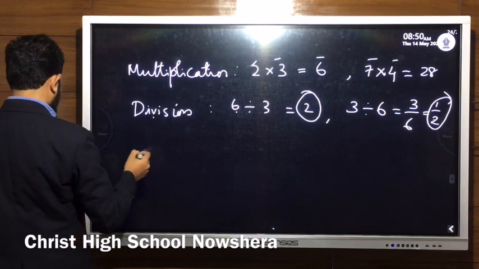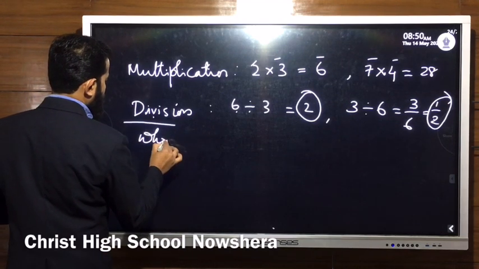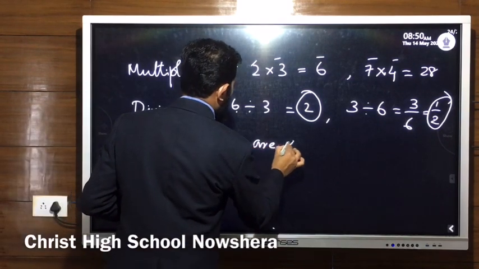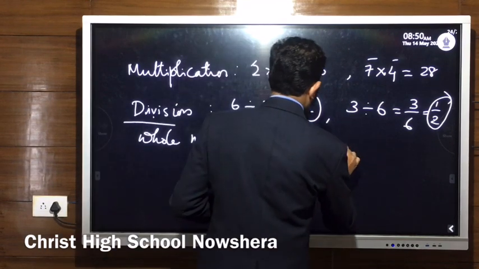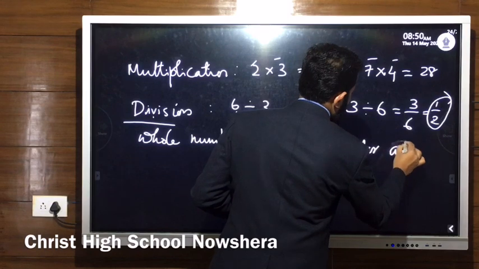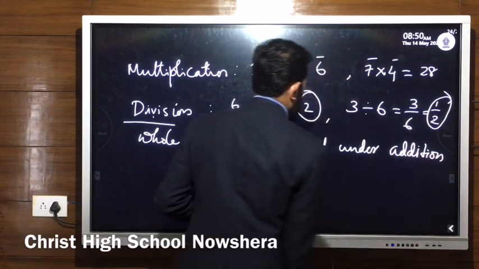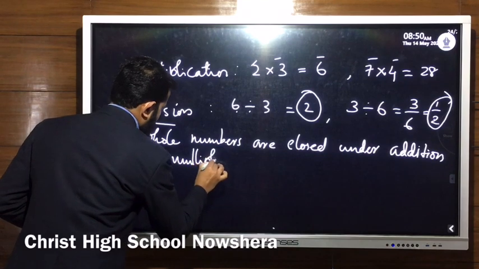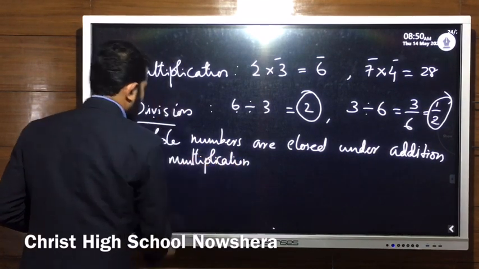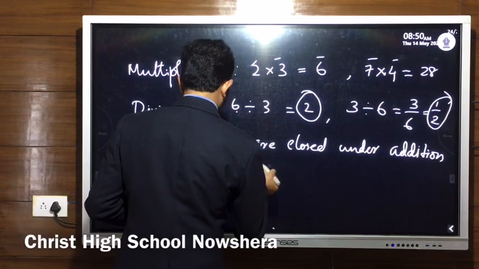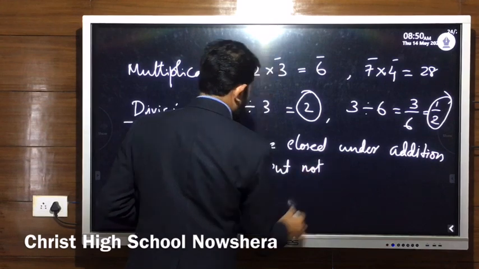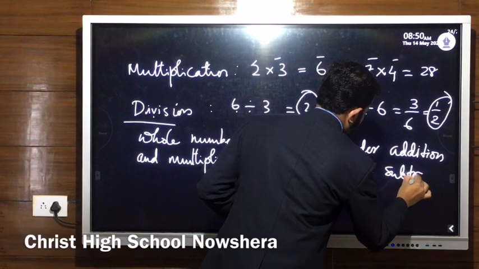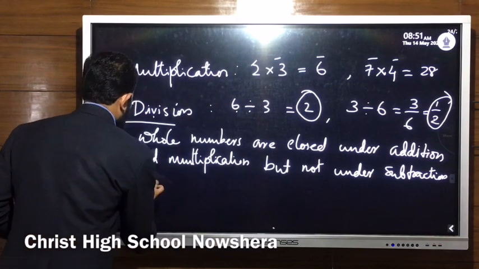In the case of whole numbers, they are closed under addition and multiplication, but not under subtraction and division.